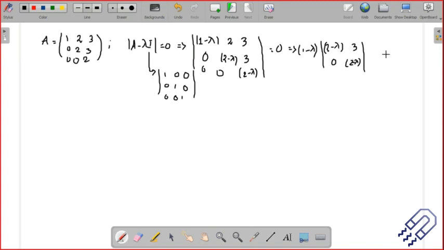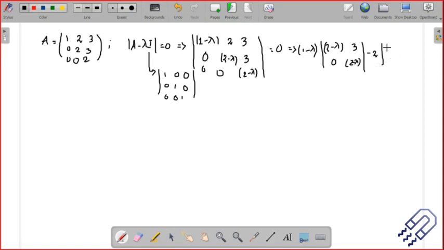And then plus, or minus, if you remember the determinant: first row, first column is plus, and then this is your first row, second column, so it is minus. And then we have 3, 0, 0, 2 minus lambda.